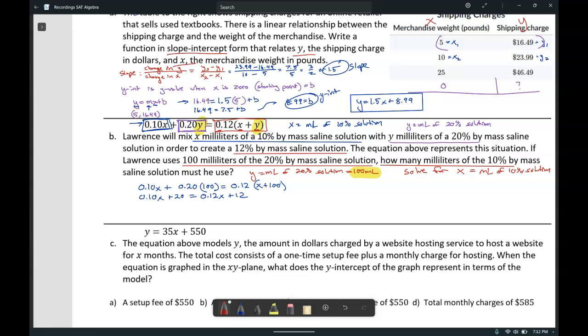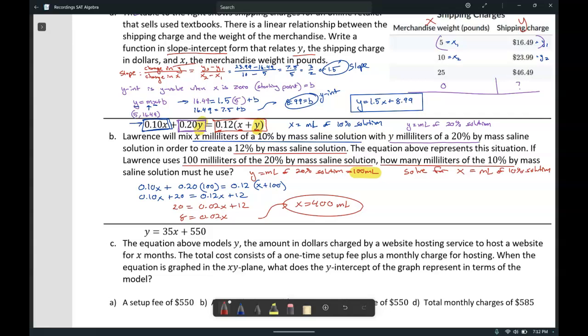We can isolate our variables to one side and subtract from the other, and divide to get an x value of 400 milliliters for the amount of the 10% solution.